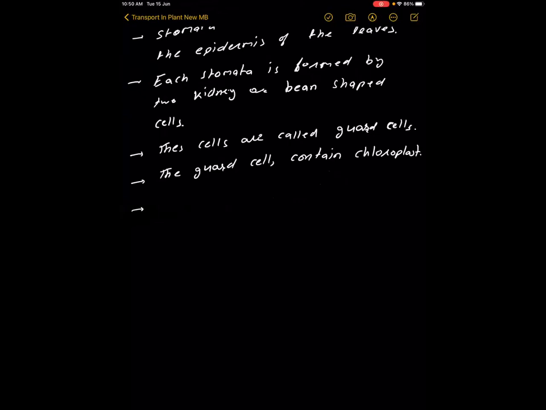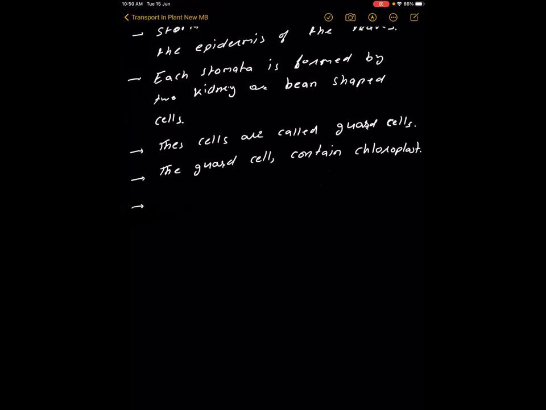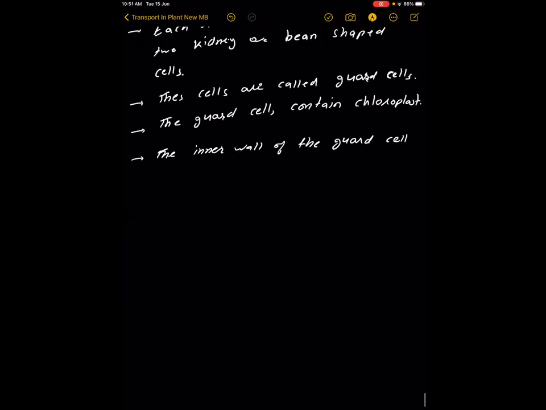Next, the inner wall of the guard cell is thick and non-elastic.